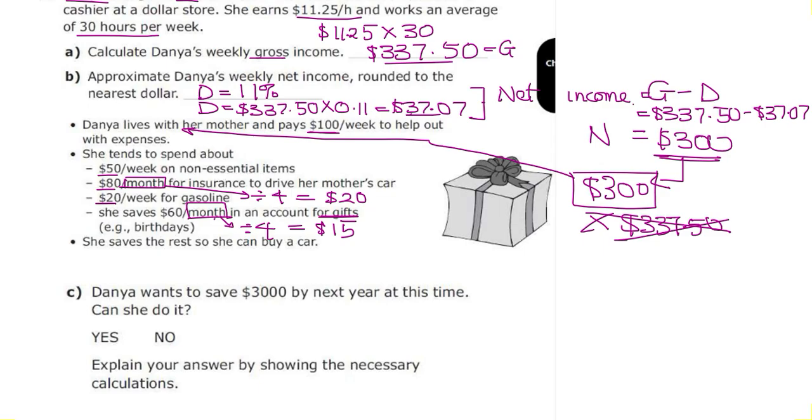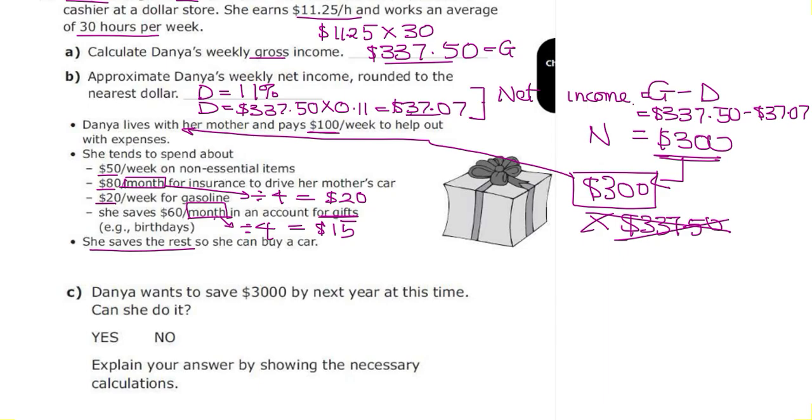So in here, there is a little bit of a condition that this person wants to save the rest of her remaining net income so that she can buy a car.